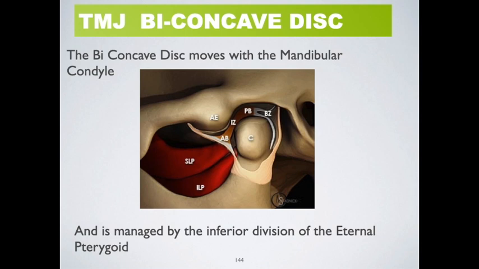If you look between the two condyles, the disc is sitting at about a 45-degree angle in between those two. It will slide and ride with the lower condyle, the one with a C on it. This is slide number 144, by the way. That's controlled largely by the superior division of the external pterygoid. The external pterygoid is also called the lateral pterygoid in a lot of texts. So when I'm talking about the external pterygoid, it's the same as the lateral pterygoid.